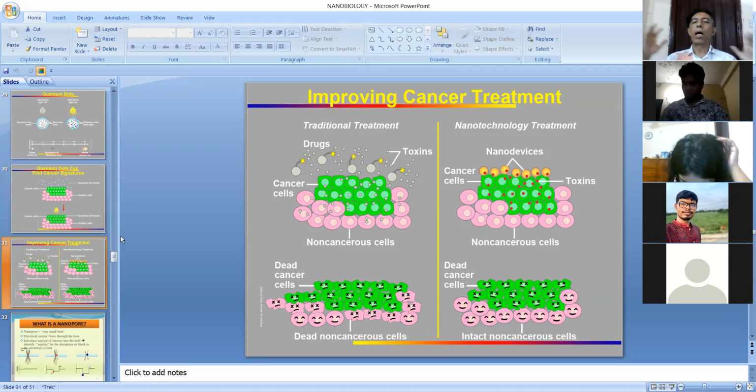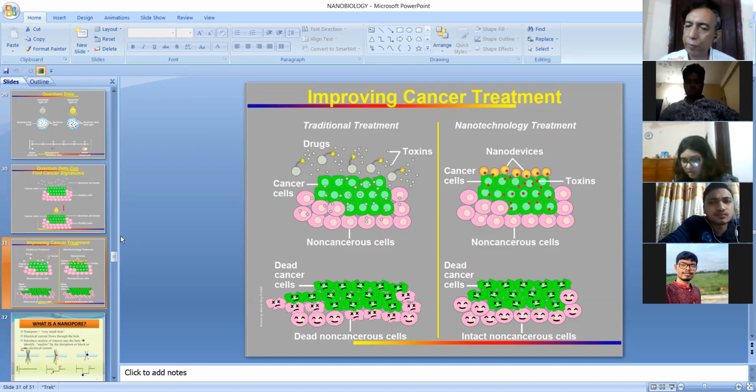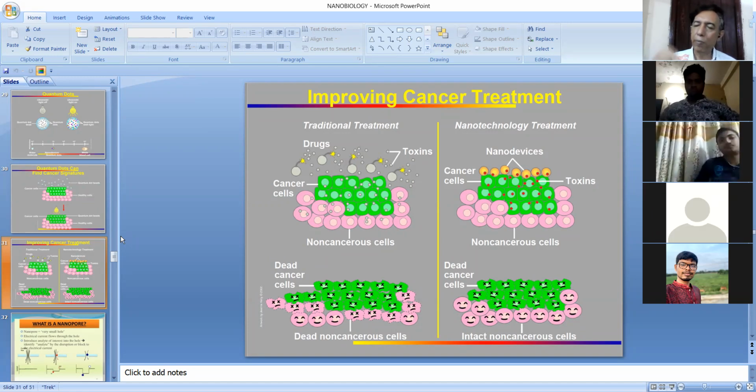Now, this is how quantum dots are used. So, what is the main thing of quantum dots? The quantum dots are some metallic semiconductors. You can use the metallic semiconductors for treatment or for diagnosis. How? Because this type of metallic semiconductor is very specific.